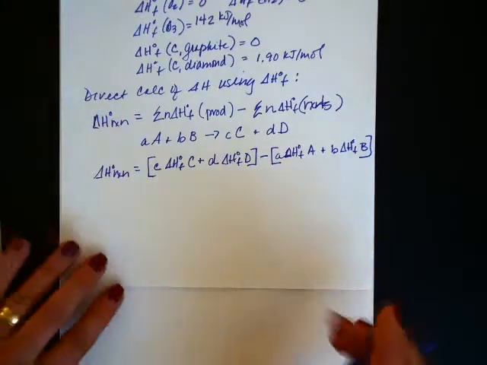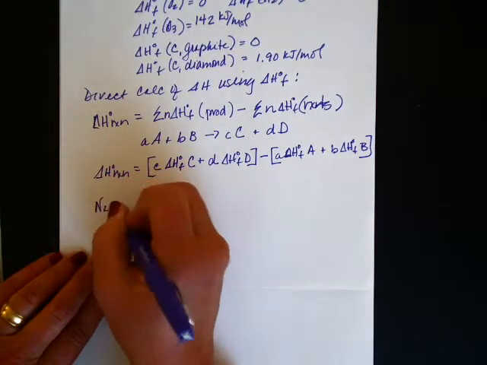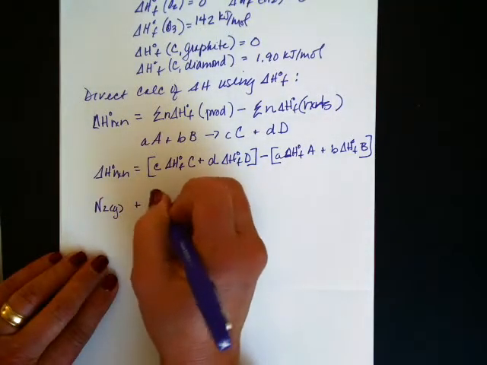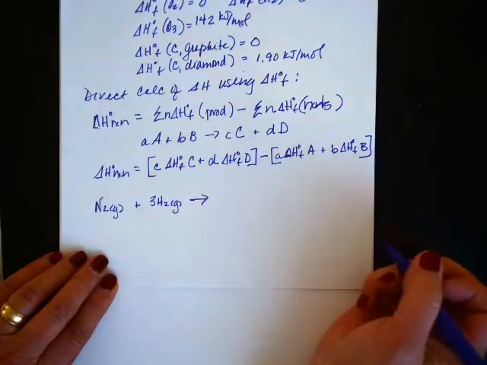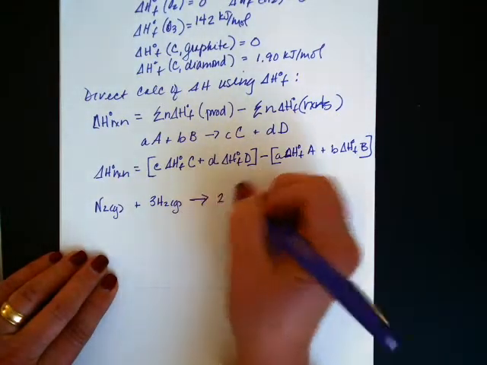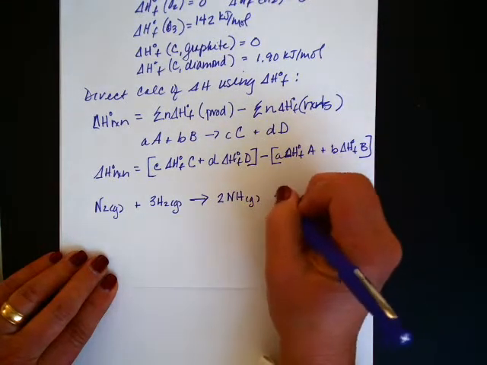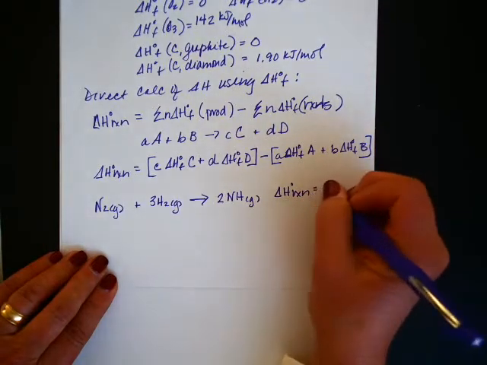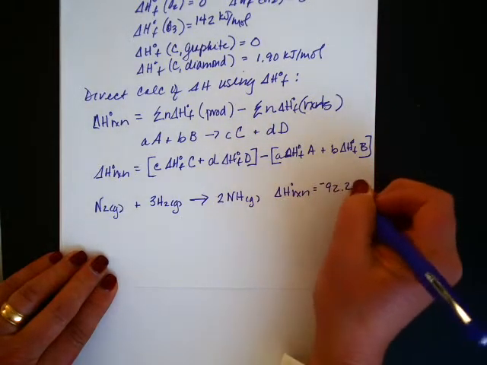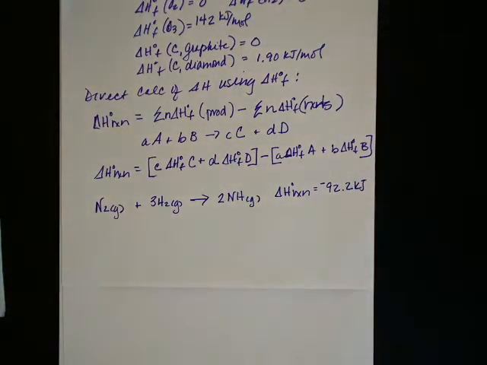So I have this reaction. And we're reacting nitrogen and hydrogen to form 2 moles of ammonia. And the standard delta H for this reaction is negative 92.2 kilojoules. This is a thermochemical equation for the production of 2 moles of ammonia.